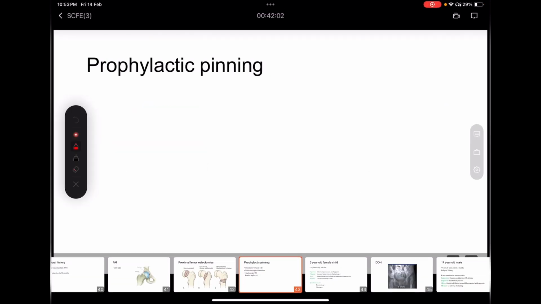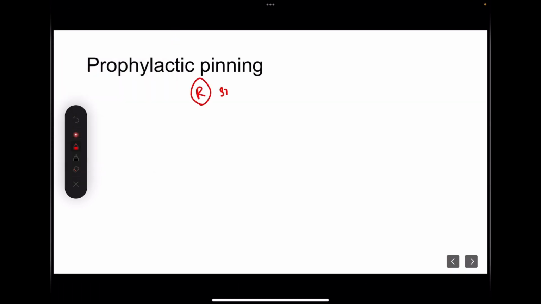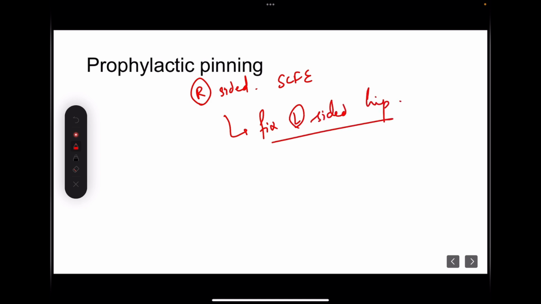Prophylactic pinning, I have already told you. Whenever a child has right-sided SCFE, when should you fix the left-sided hip also? Obviously, whenever you suspect very high chances of development of a contralateral slip. What are these conditions? Whenever the age of the child is less than 10 years, the child is very young.